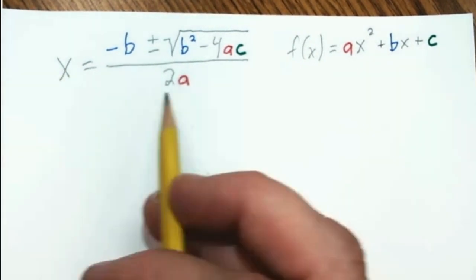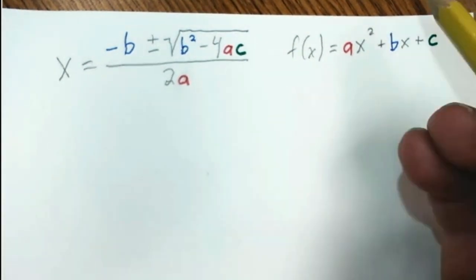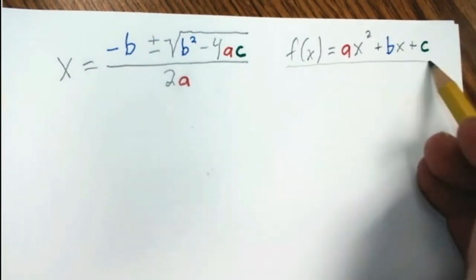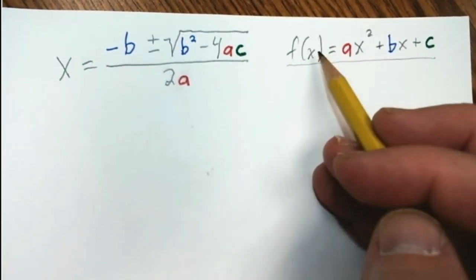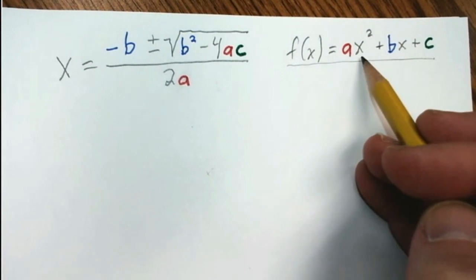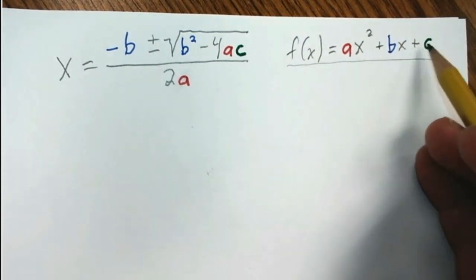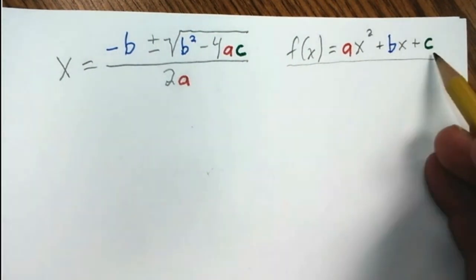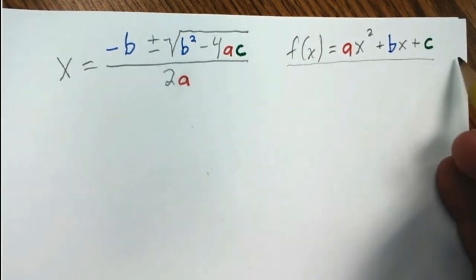The quadratic formula only works when a quadratic equation is in standard form, and this is what standard form looks like: f of x or y equals ax squared plus bx plus c. So that's where we get our a, b, and c from the standard form of a quadratic equation.